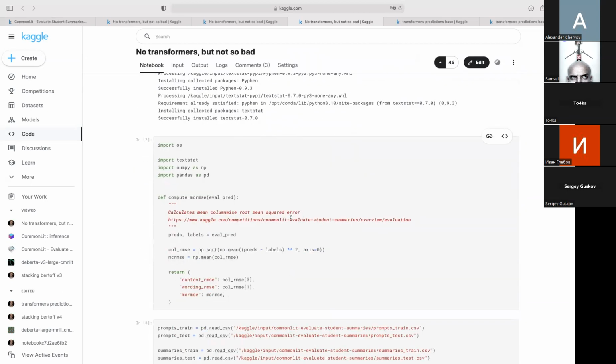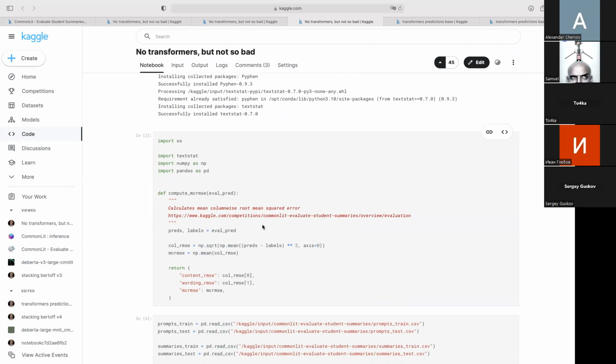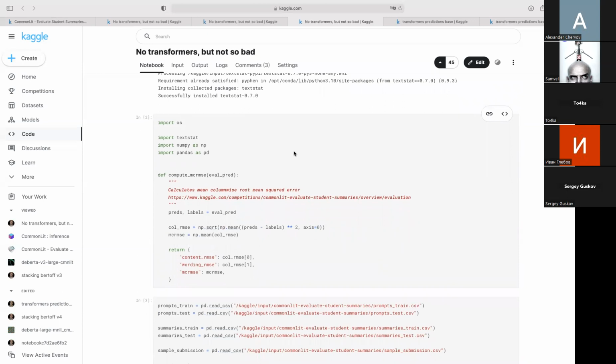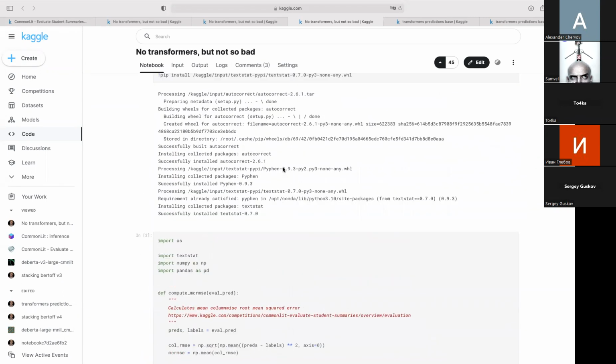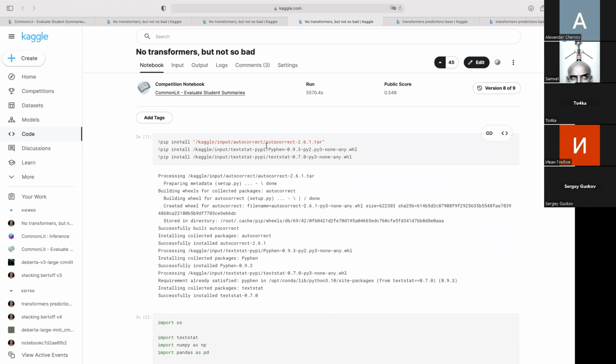And you can ask, why do you use this approach? Because you can just train a big transformer and get a great score. Of course, I can do it, but I suppose we all know that in a competition task, the best decision is based on different approaches.